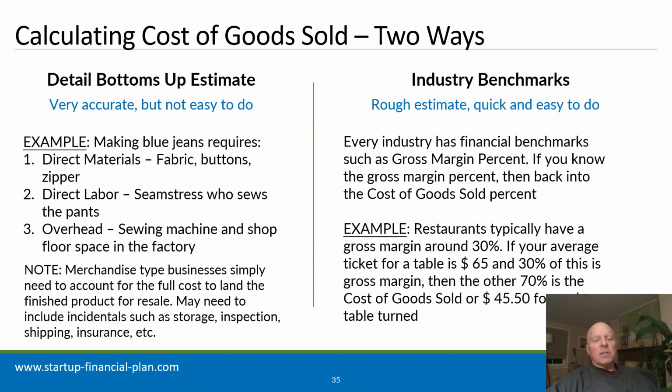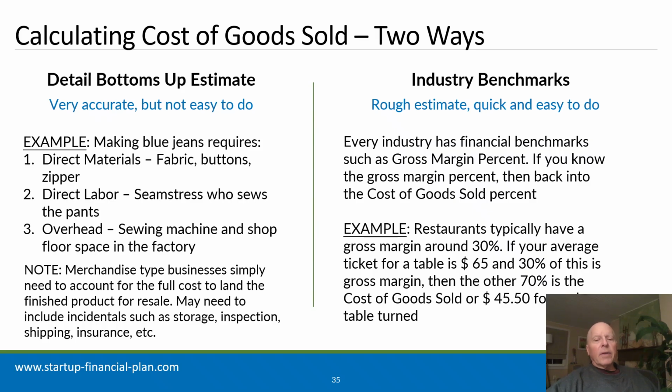She's paid $18 an hour. 20 divided by 60 times $18 an hour would be the direct labor cost to make one pair of blue jeans. This would be a very detailed bottoms-up estimate. But you say, oh, I don't have time to do all that. Well, then maybe you do a rough order of magnitude estimate, and we can use industry benchmarks for your respective industry.